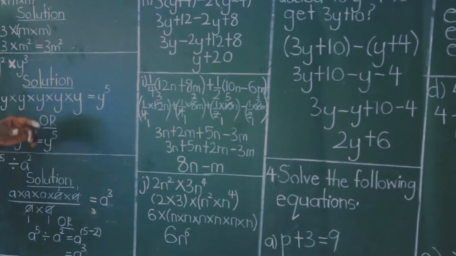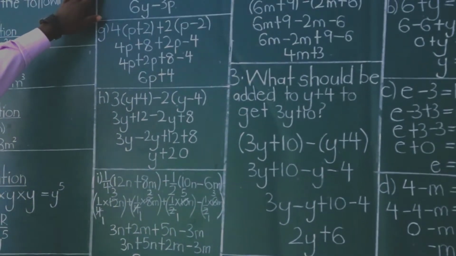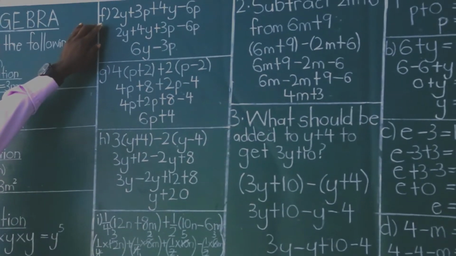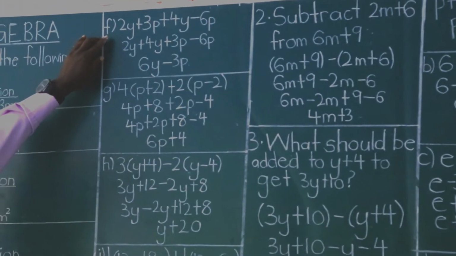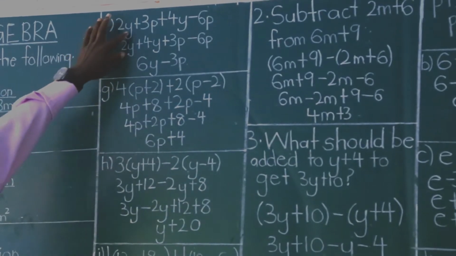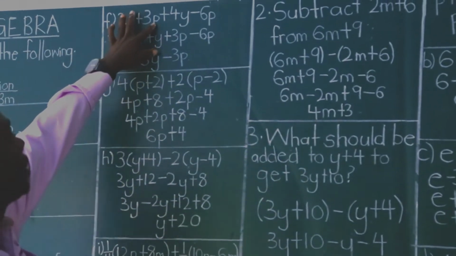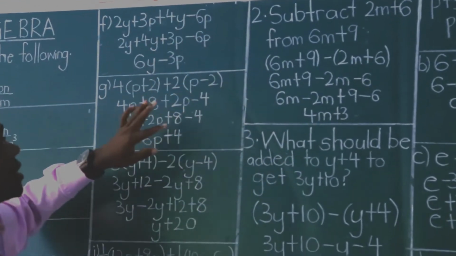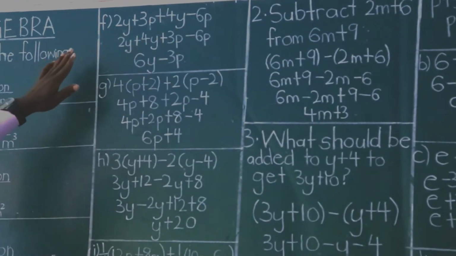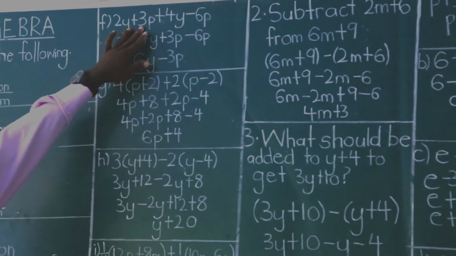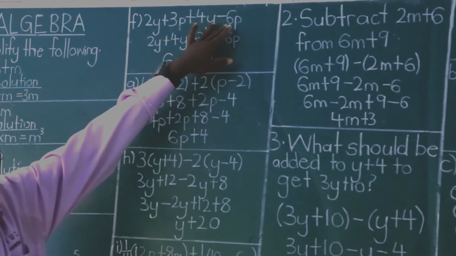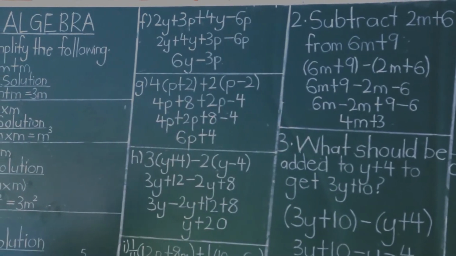Before we go to part F of simplifying different algebraic expressions. Part F tells you to simplify 2y plus 3p plus 4y minus 6p.